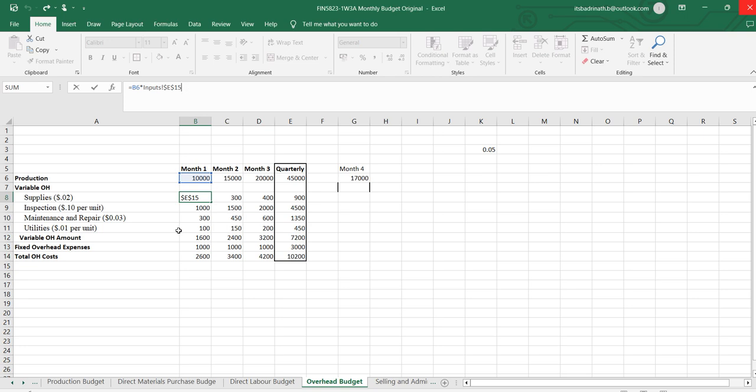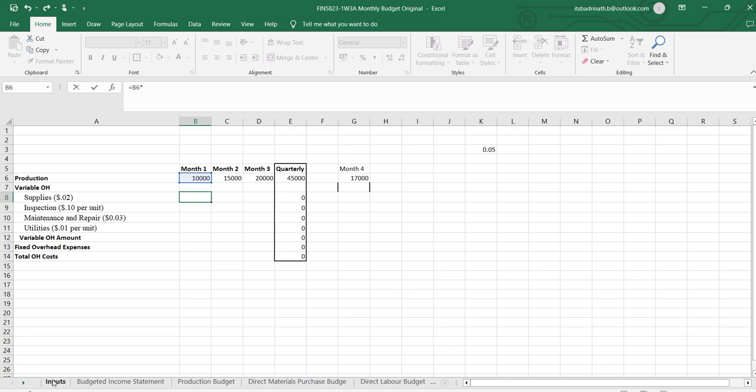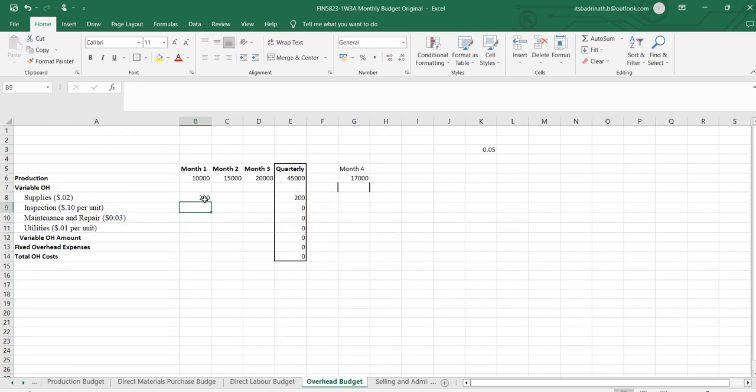I took this one as reference, so let me remove and add it again. Okay, we have the production values, multiplied by the supplies cost. It is in the input sheet. In the input sheet, there is supplies, and for supplies the value is 0.02. I have taken that. Okay, I'm making this one static again.